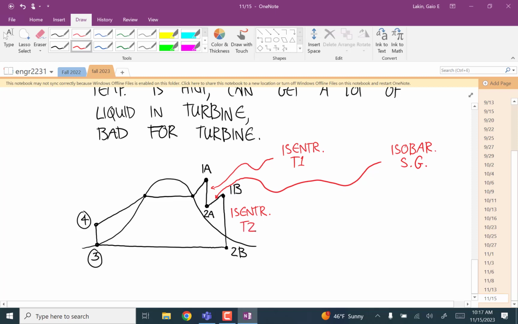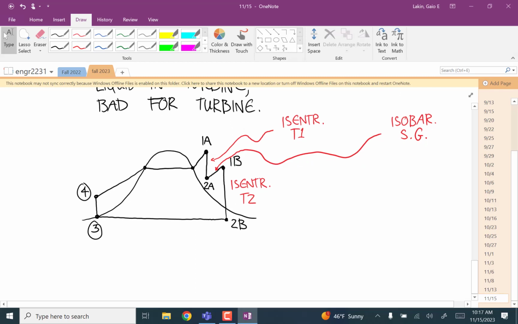This is T2. From 2B to 3, that's a condenser.